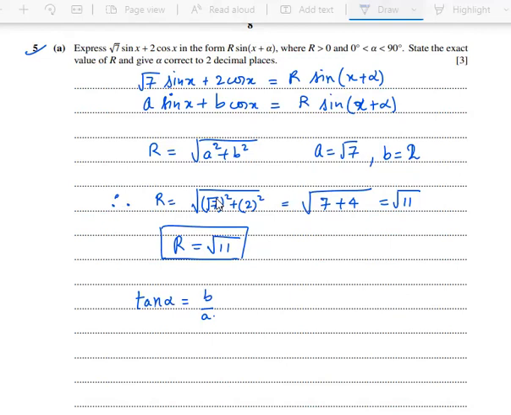If I divide both of them, r and r will cancel, and sine by cos is tan. So tan alpha is b by a, which is 2 over root 7. Therefore alpha is tan inverse of 2 by root 7. You can plug this value into the calculator and you'll get alpha is 37.09 degrees. That's your answer for alpha.